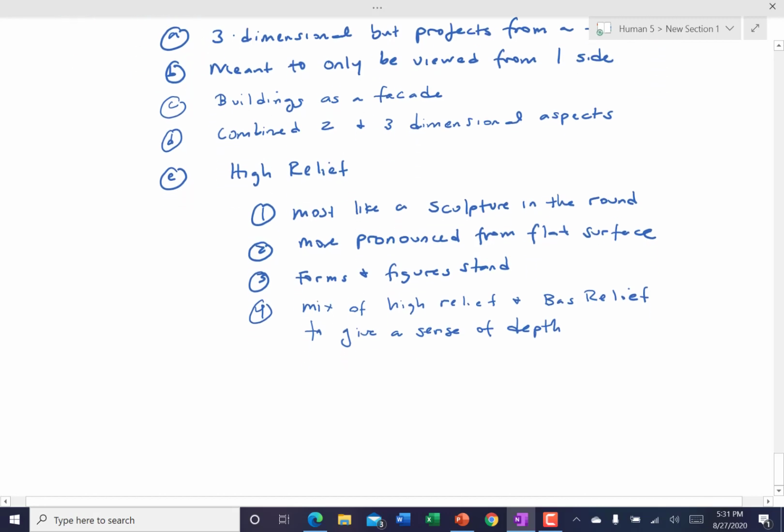And then bas relief is low relief. Bas means low. So this can often appear almost two-dimensional.